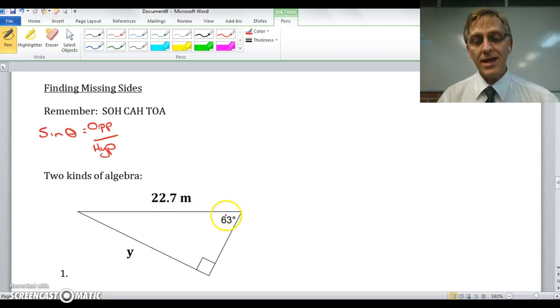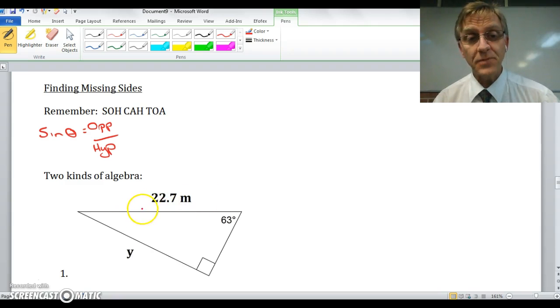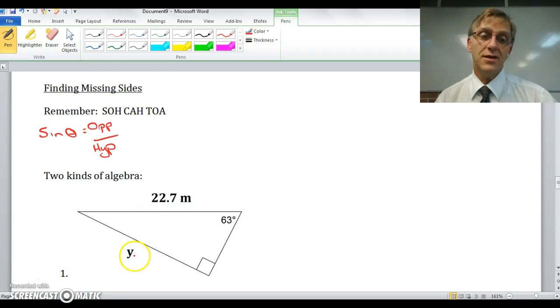And it turns out that any right angle triangle with a 63 degrees angle, no matter what the size of it, and it might be 22.7 along the hypotenuse, or it might be 122.7, it doesn't matter what the size is, the opposite over the hypotenuse will always give you the same number. It'll always work out to be the same horrible decimal, in fact.